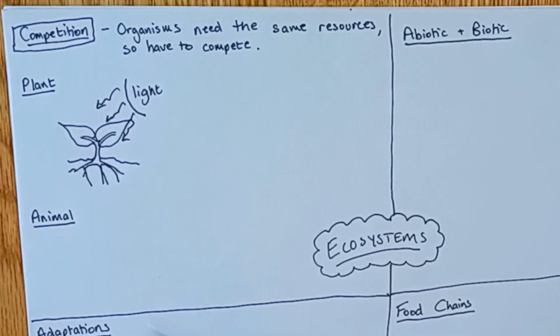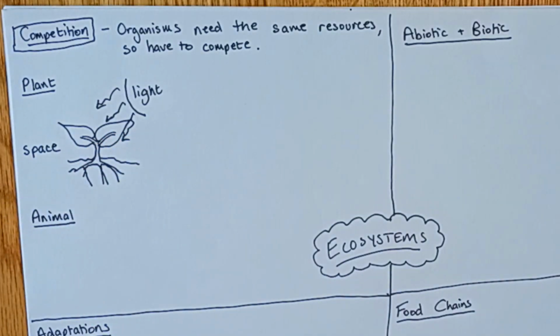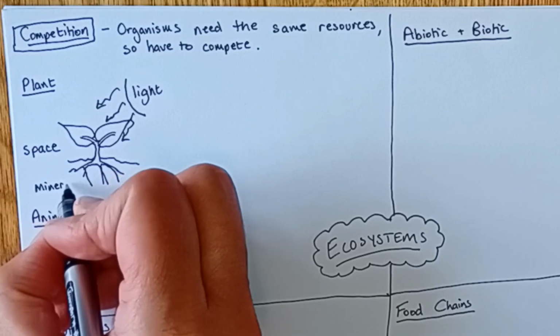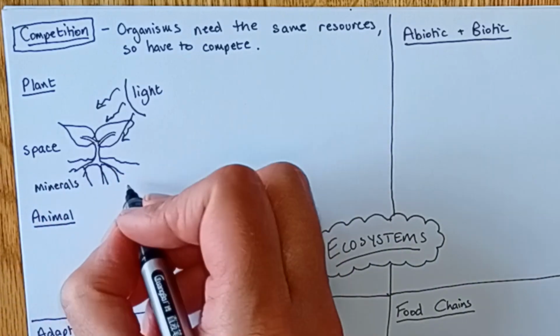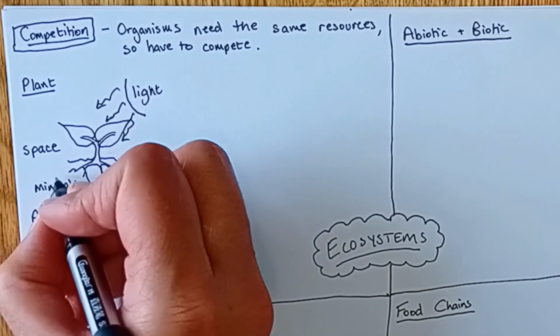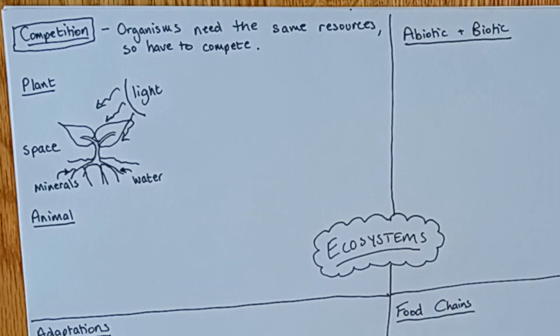So plants with bigger leaves or taller plants are going to get more light. They also need space to grow. And they also need minerals out of the soil and water out of the soil to get in through the roots. So plants compete for light, space, minerals and water.